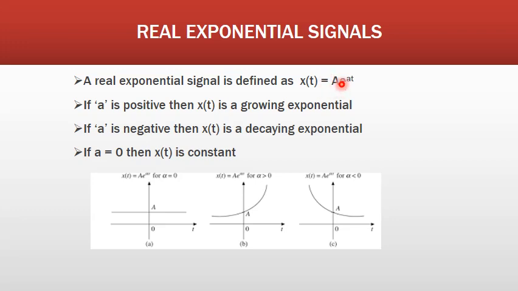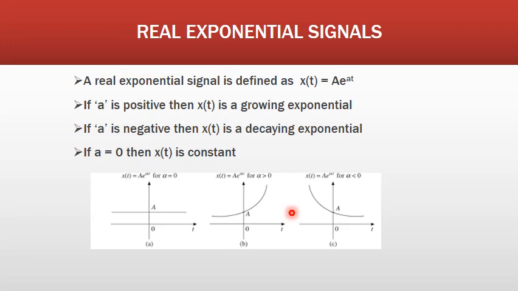And depending on the value of this small a, we will get different types of exponential signal. If this small a is positive, then x of t is a growing exponential signal. One such type of signal is shown in figure B. If a is negative, then x of t is a decaying exponential signal.